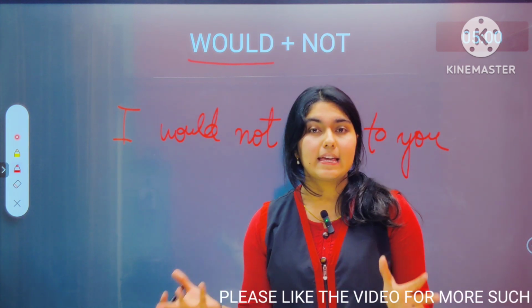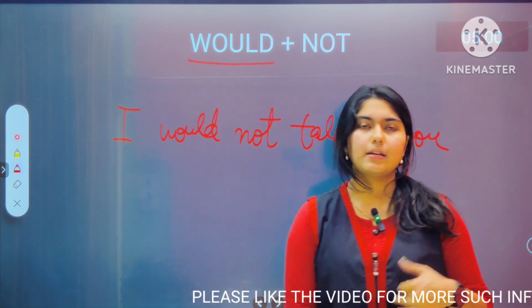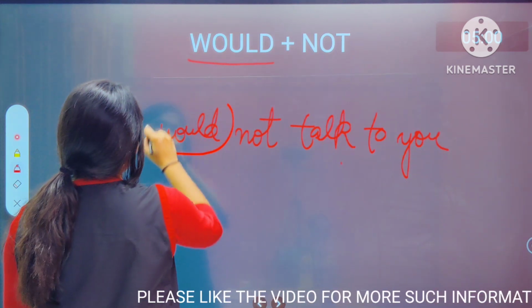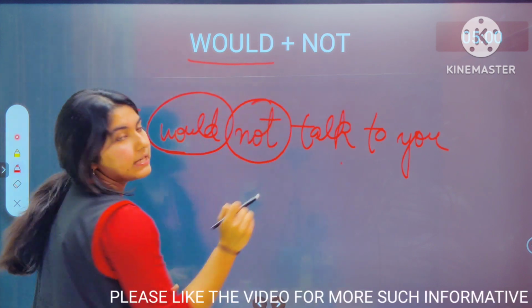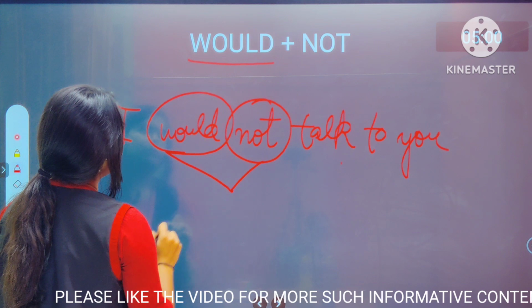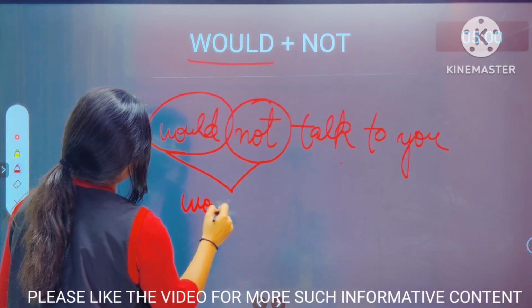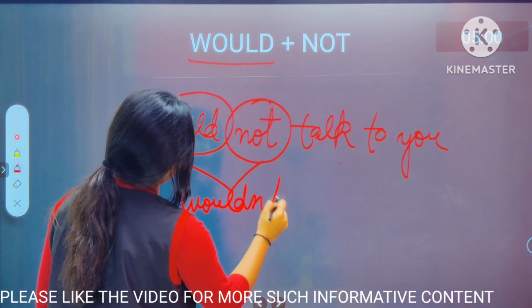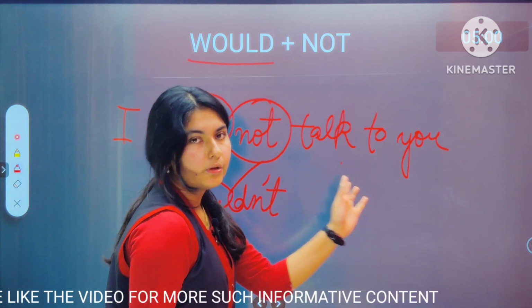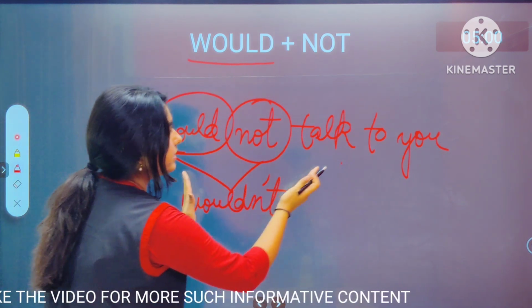So instead of making these two words sound separately, you can just merge both these words and make a single word of it. And the contraction which becomes is wouldn't. Right? I would not talk to you becomes I wouldn't talk to you.